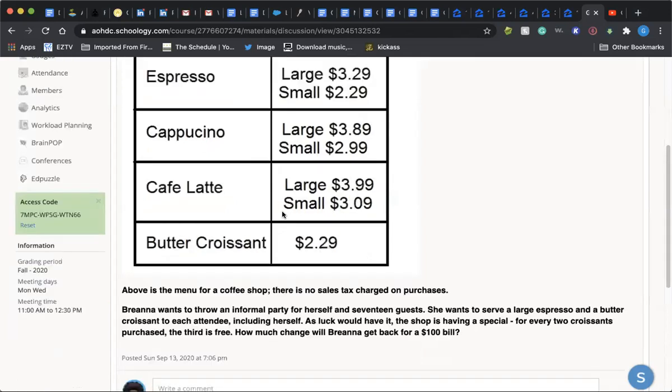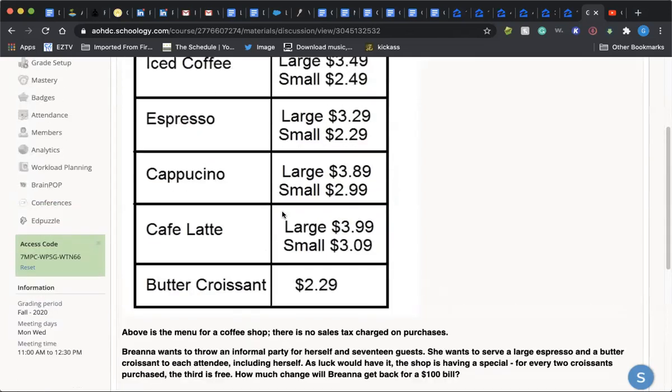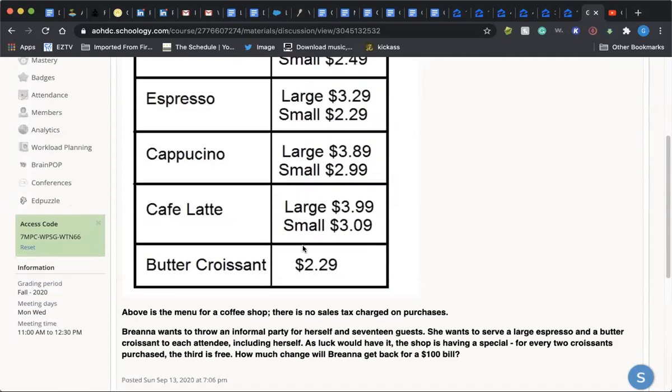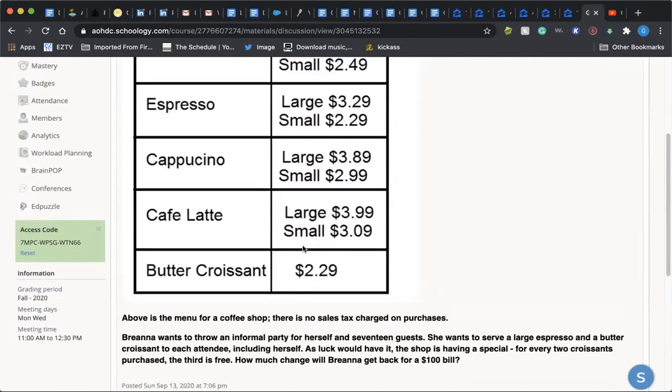Okay, so hopefully you guys are still trying this question here. It says Brianna wants to throw an informal party for herself and 17 guests. She wants to serve a large espresso and a butter croissant to each attendee, including herself. As luck would have it, the shop is having a special. For every two croissants purchased, the third is free.